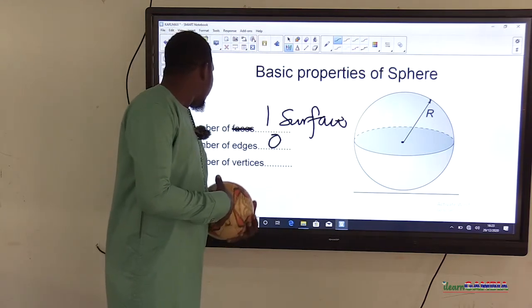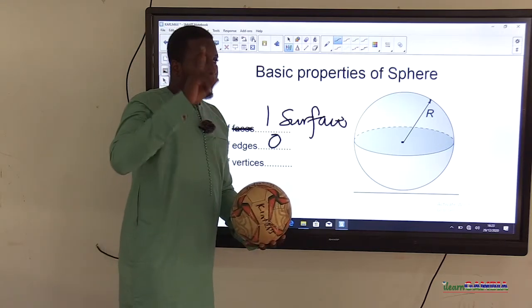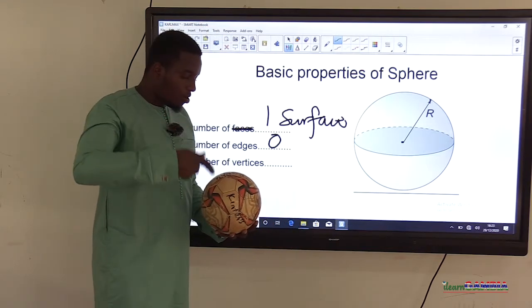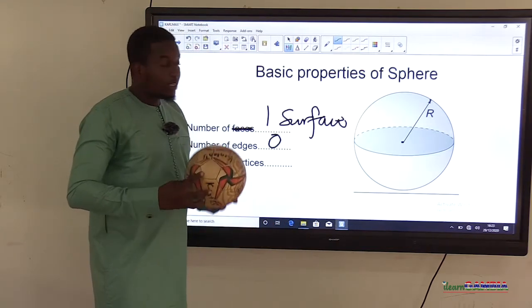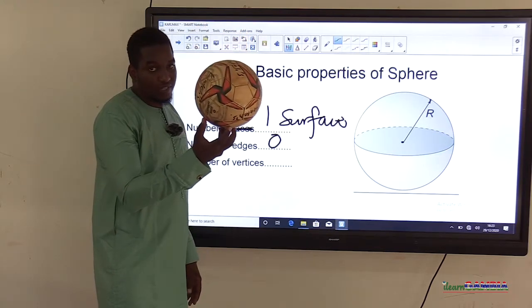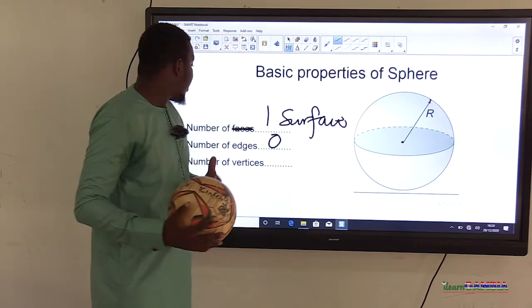And also we look at the number of vertices that it has. We say a vertex is where 3 or more faces meet, or 3 or more edges meet. Since it doesn't have a face, it has a round surface, and it doesn't have any edge, it means it doesn't have a vertex.